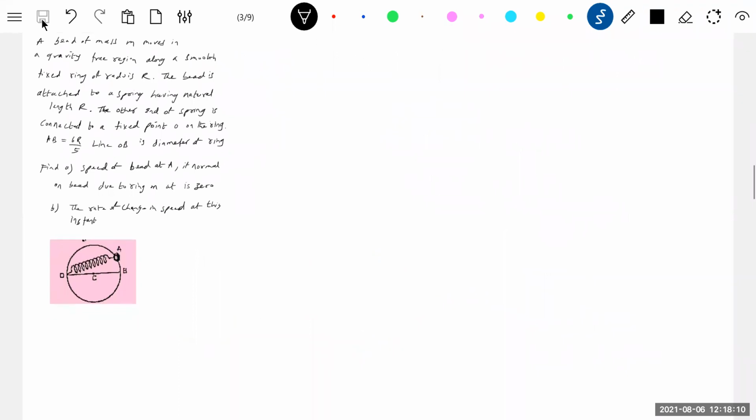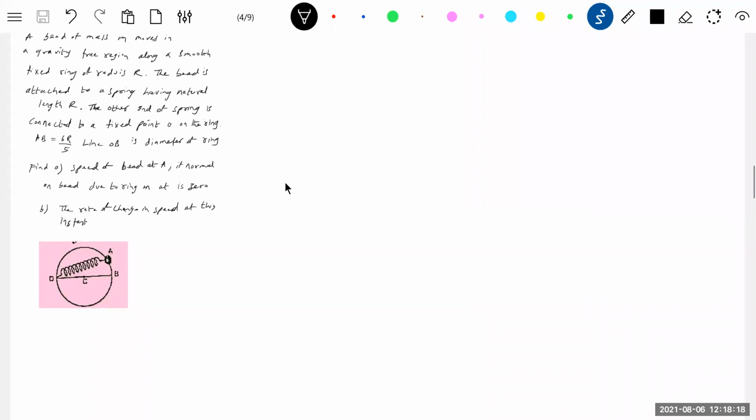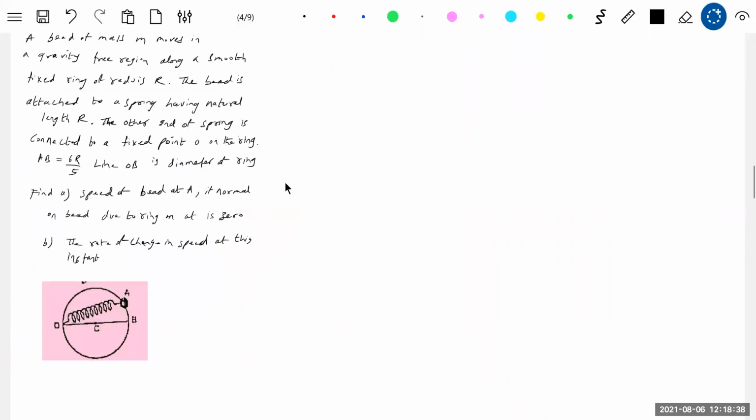There's some idea of a spring that we are introducing here. A bead of mass m moves in a gravity-free region along a smooth fixed ring of radius r. The bead is attached to a spring having natural length. I think everyone is able to read.